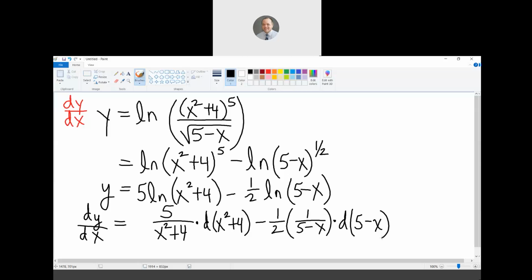Going back to the first part, the derivative of x squared plus 4 is 2x. And the derivative of 5 minus x is negative 1.